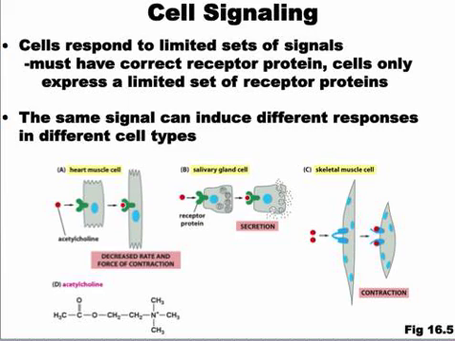And the way that cells can control what signals they hear or respond to is by expressing only a limited set of receptor proteins. Now, keep in mind they have the genes for all receptor proteins, but that doesn't mean that they're going to express them. And this is what's going to limit what signals they can and will respond to.